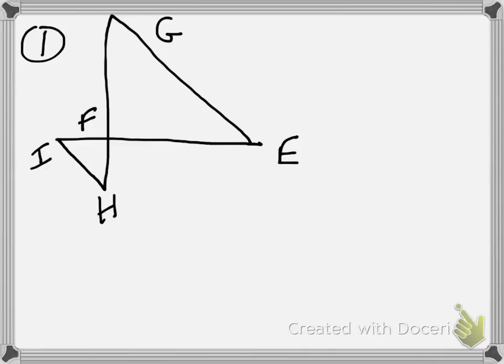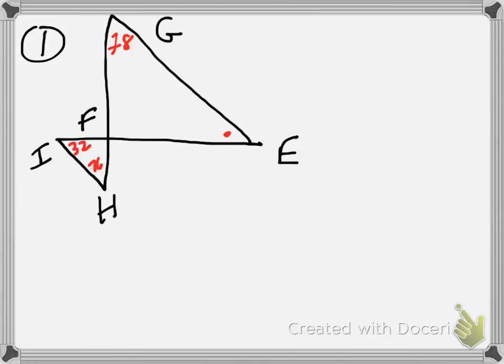So this is problem number 1, and angle I is 32 degrees, angle H is 76 degrees, and angle G is 78 degrees, and we need to find angle E, which is this one right here.